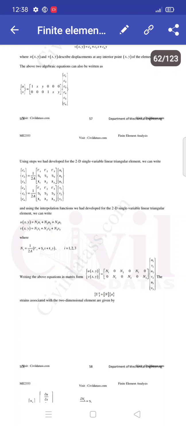Writing the above equation in matrix form, u of x comma y and v of x comma y equal to the matrix n1 0 n2 0 n3 0, 0 n1 0 n2 0 n3, times u1 v1 u2 v2 u3 v3. In terms of vectors, the u vector is equal to the shape functions matrix times the displacement vector.